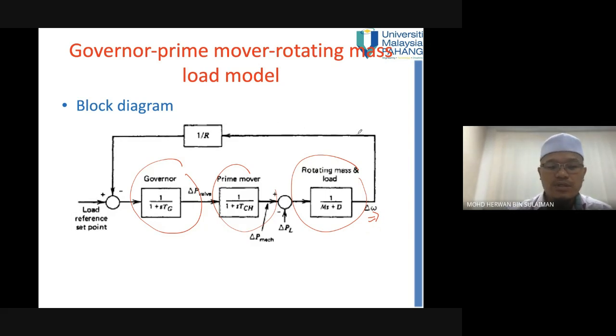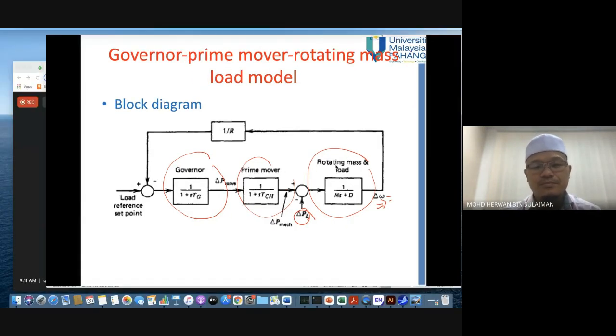Changes in load, plus or minus, can open or close the valve. This is PL, this is PMAC. This is our output delta omega, and we feed it back to the load reference set point so that the governor senses the speed and decides whether to open or close the valve. Clear?